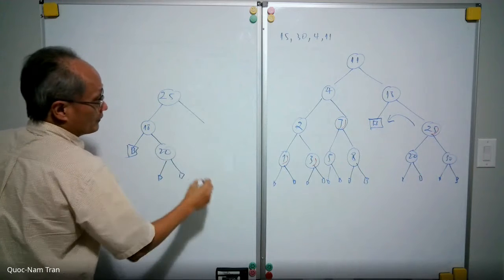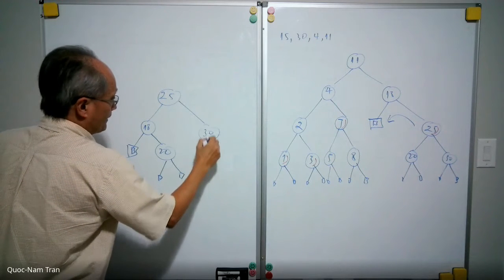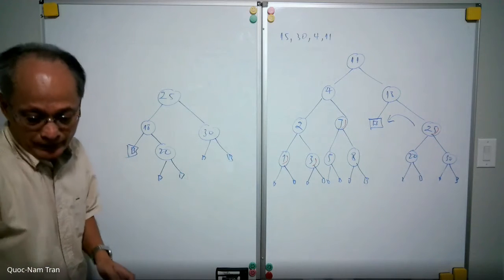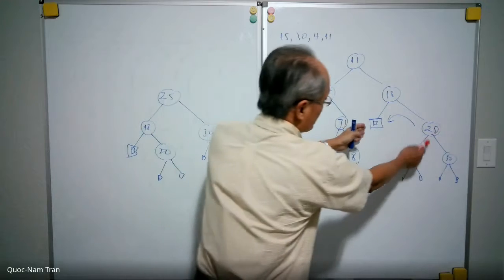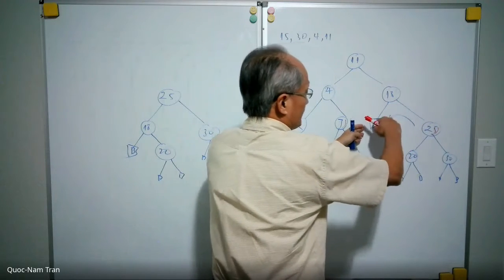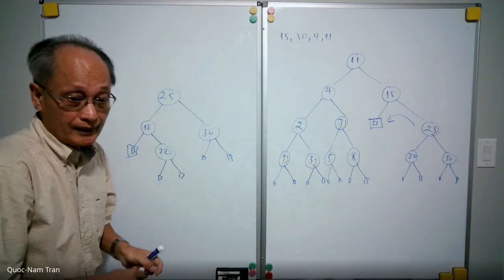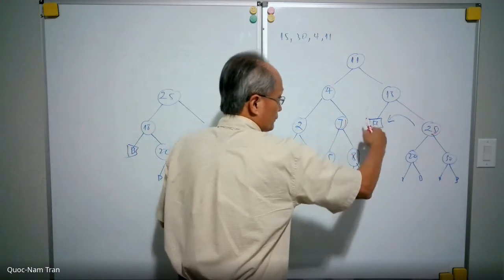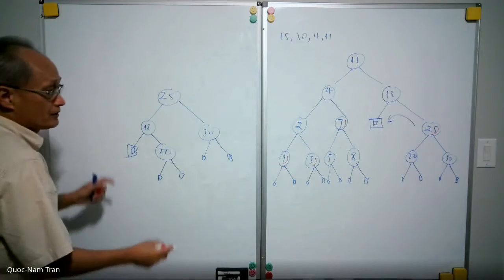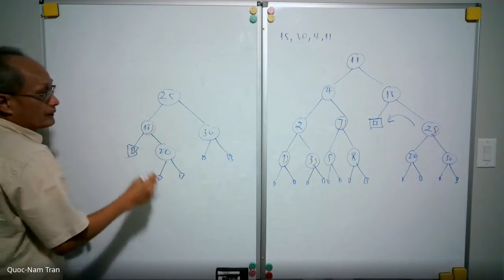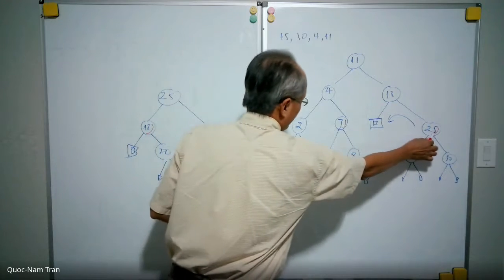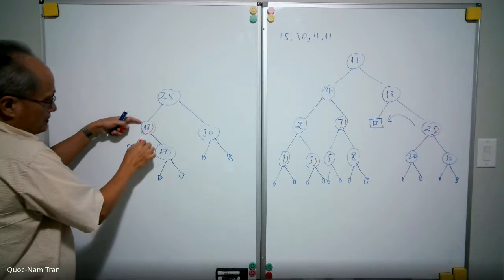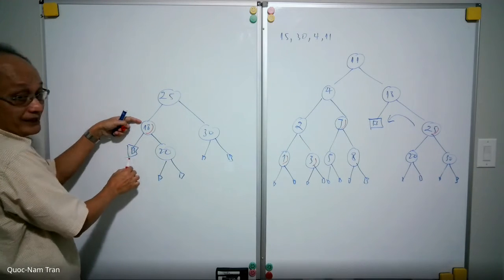And then here we have 30. And when we rotate around this, we will bring the 25 up, and then the red node will be brought to the left branch, right? So that's it. So we will try to bring the red from the right to the left. It's on top of the double black null node here.